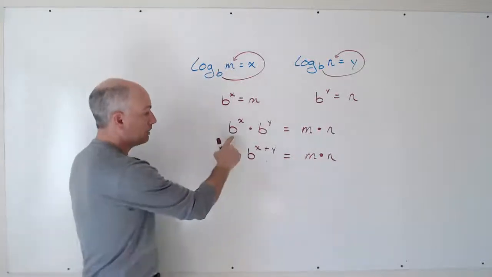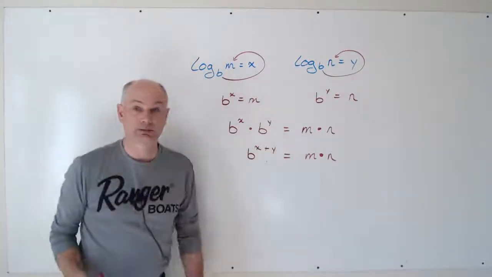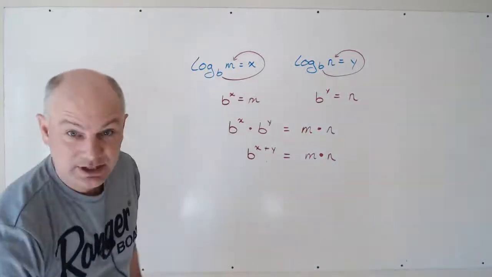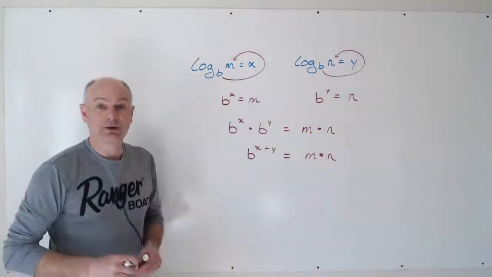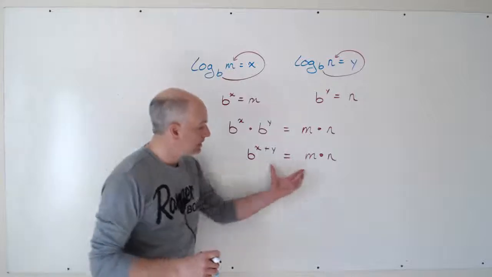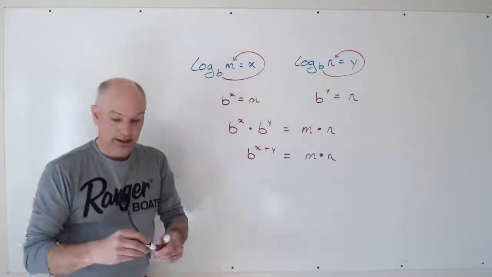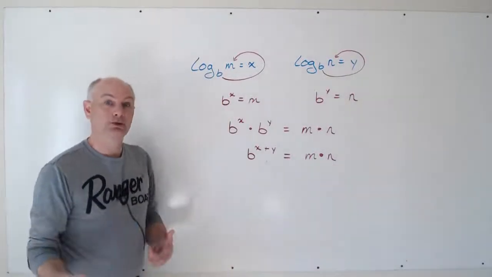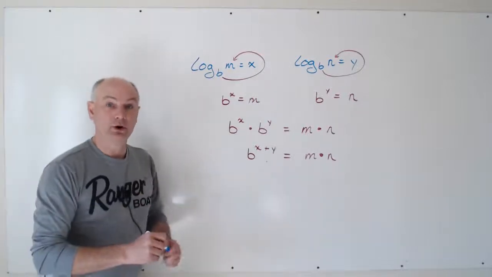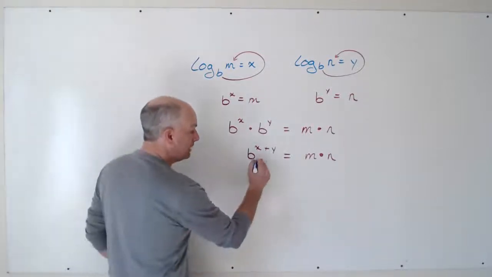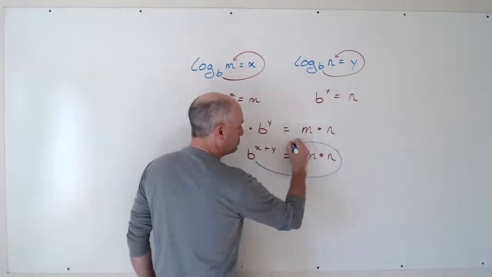Keeping in mind that when multiplying like bases, I get to add my exponents. Now, here's the neat thing: if I take this form now and convert it back to a logarithmic form, again, I get to use that same counterclockwise visual.